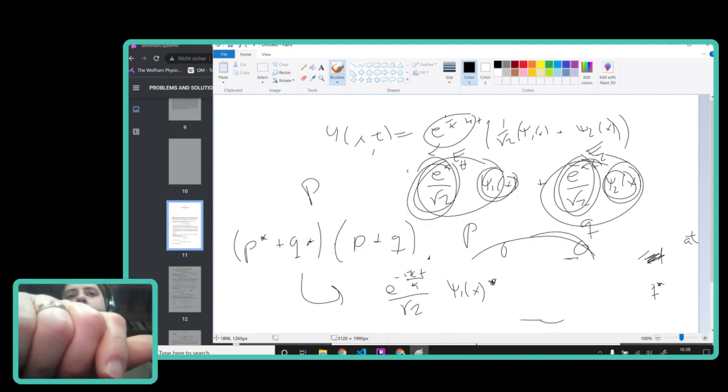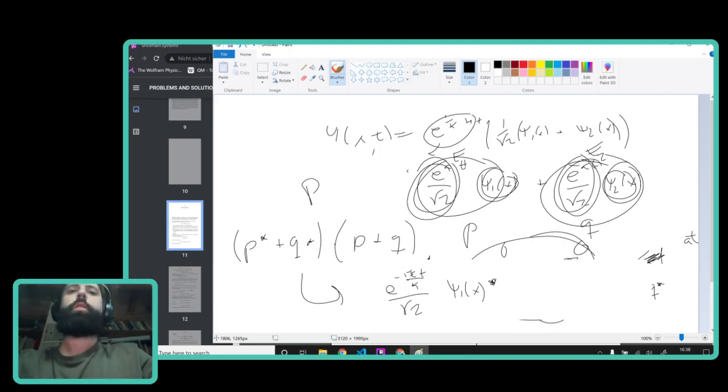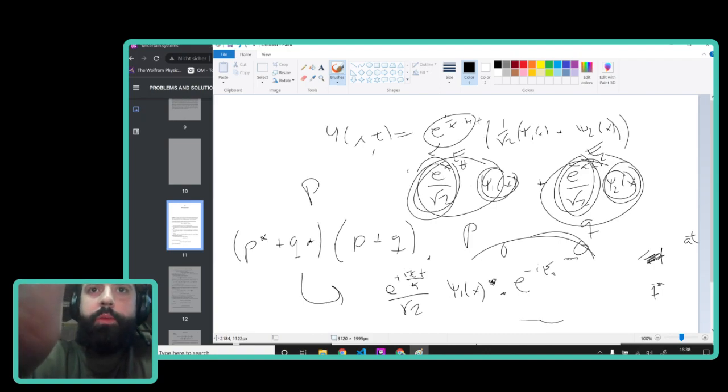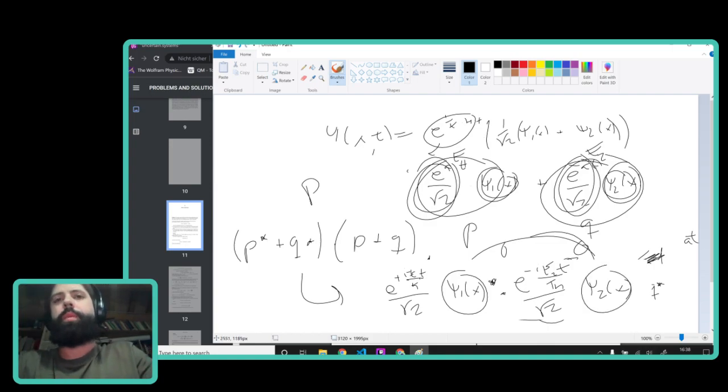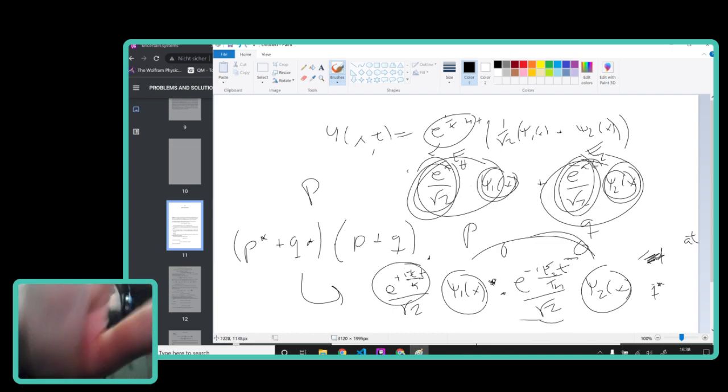And so that's like a plus because we just changed the sign of the complex part, times, and now we get e to the power of minus i, but this E is different, right? So I think it's E sub 2 and E sub 1 times t over Planck constant. So they don't cancel out, times psi 2, right? And so they don't cancel out. But we can forget these two parts, which are time independent, and then here we have time dependent. So now we just have to focus on these two things.